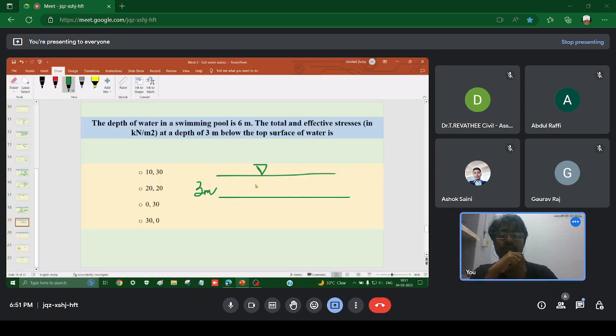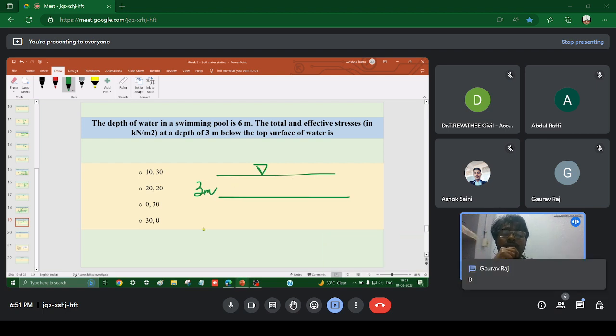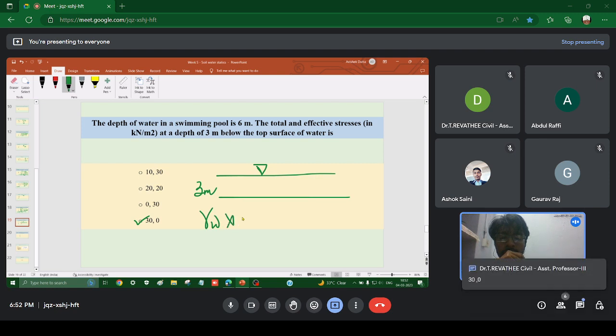Total stress is 30 because only water is present. Nothing is given, so consider 10 as gamma W. 10 into 3, 30. Effective stress, there is no soil present, so it will be 0. So 30 and 0 is the answer. 30 is gamma W into 3.